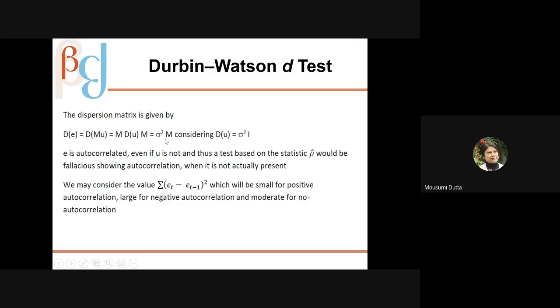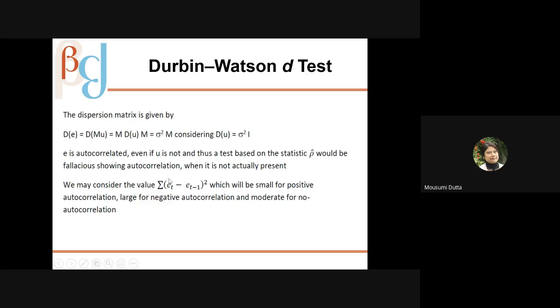However, if you replace u by e, that will always be autocorrelated. So e is autocorrelated even if u is not, and thus a test based on the statistic rho hat would be erroneous, always showing autocorrelation when it is not actually present.